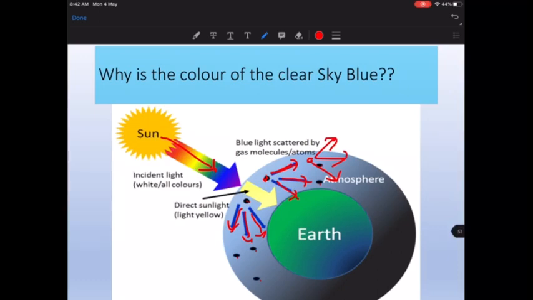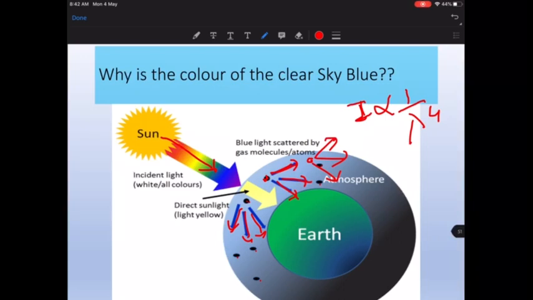Why will the lower wavelengths be scattered? Because we discussed that if the wavelength is lower, then the scattering will be more. Didn't we study this in Rayleigh's scattering? Rayleigh's scattering said that the intensity of scattered light is inversely proportional to the 4th power of the wavelength. So the more the wavelength, the lower the scattering, and the lesser the wavelength, the more the scattering.